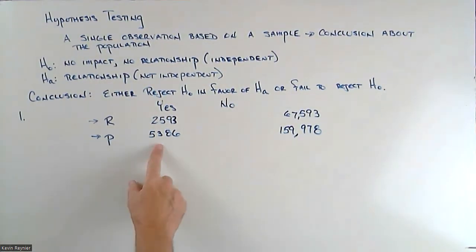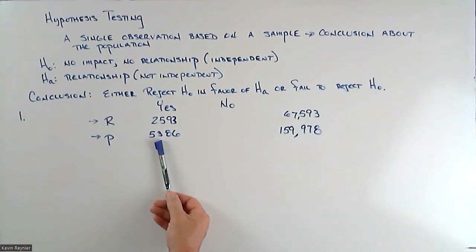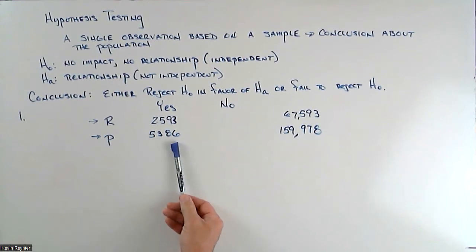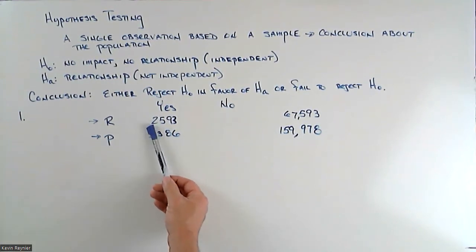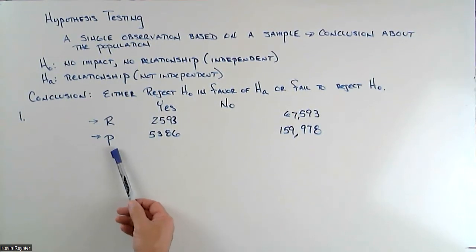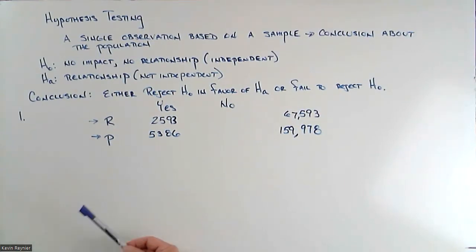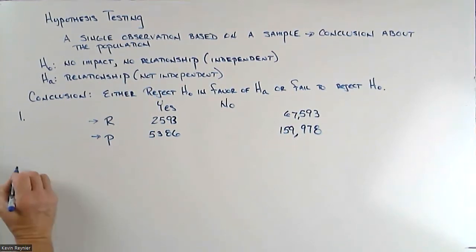I mean, that's a bigger number than this number. So they're saying, well, 5,300 people, almost 5,400 people had problems on this drug. Only 2,600 people had problems on this drug. Clearly, this drug is more risk-oriented than this drug. And they want us to tell them whether we think that's true or false, right?